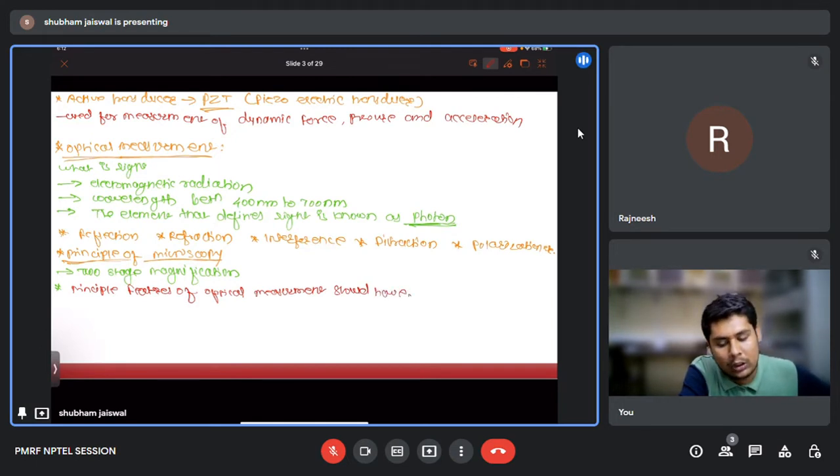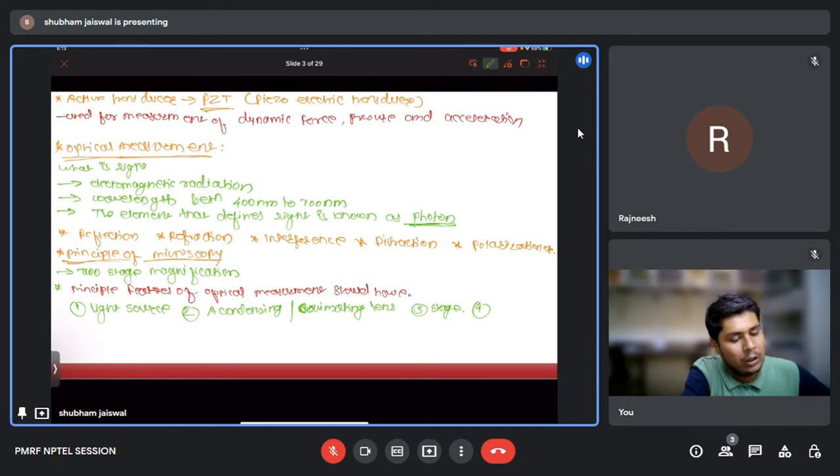So in this we have seen that the optical instrument should have a light source. Also, it should have a condensing or collimating lens. Also, it should have a stage for keeping our workpiece or sample.